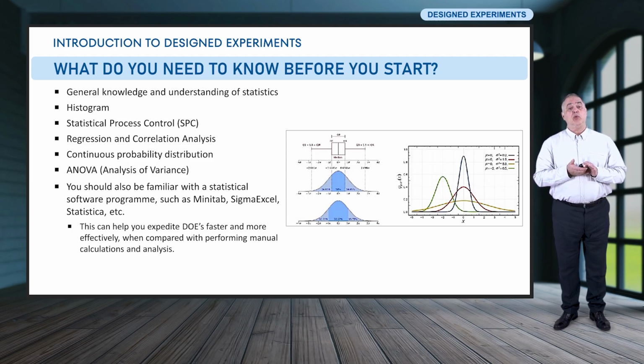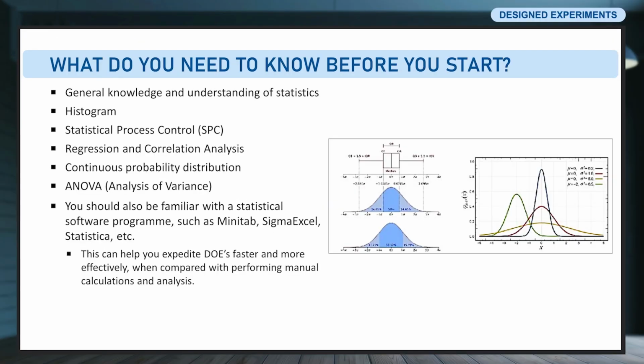So what do we need to know before you even start a designed experiment? You must have a general knowledge and understanding of statistics. And SPC, statistical process control, is one of the primary focal areas of Lean Six Sigma.